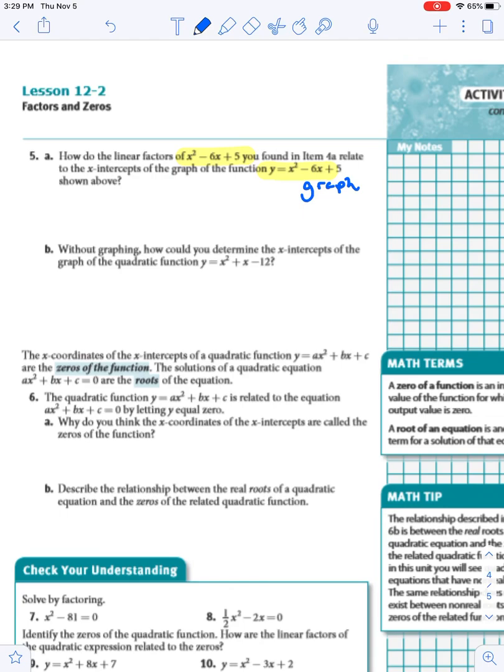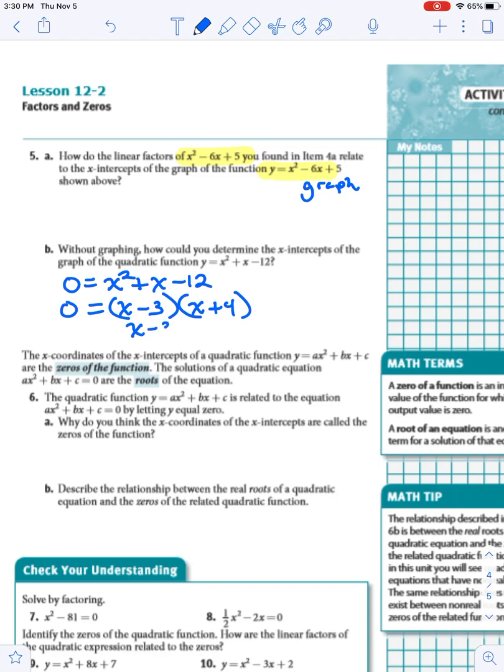So without graphing, how could we determine the x-intercepts of this function? Well, what we would want to do is set it equal to 0. And we could say x squared plus x minus 12. We can factor it. So two numbers that multiply to negative 12, but add to positive 1. So x minus 3 and x plus 4 should do it. 4x minus 3x is 1x.